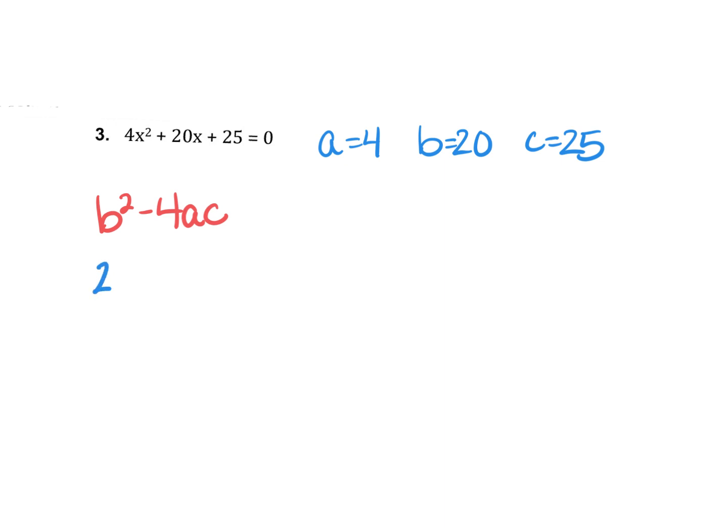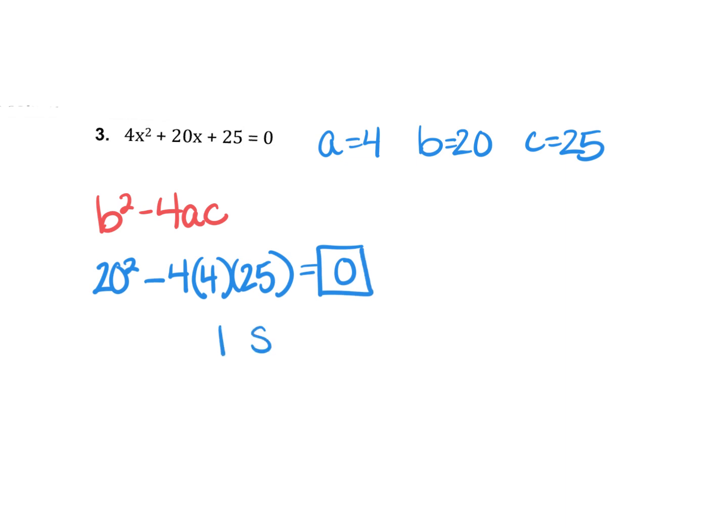So we've got 20 squared minus 4 times, well, A is 4 and C is 25. When we put this in our calculators and simplify, we end up getting 0. And remember, if you get 0 for an answer, this is going to have one solution.